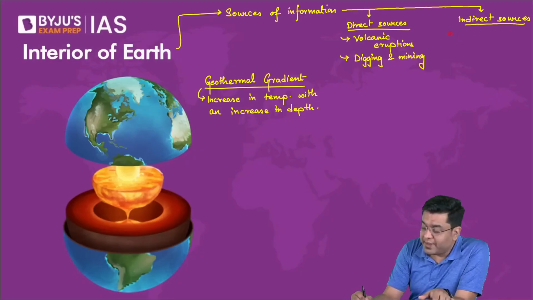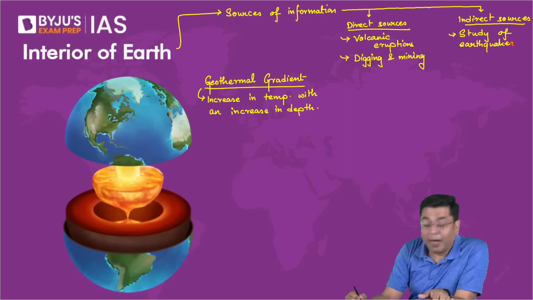So first is the study of earthquakes. Whenever earthquakes happen, they generate energy waves which are referred to as seismic waves. So by the study of the seismic waves, we get an idea about the interior.